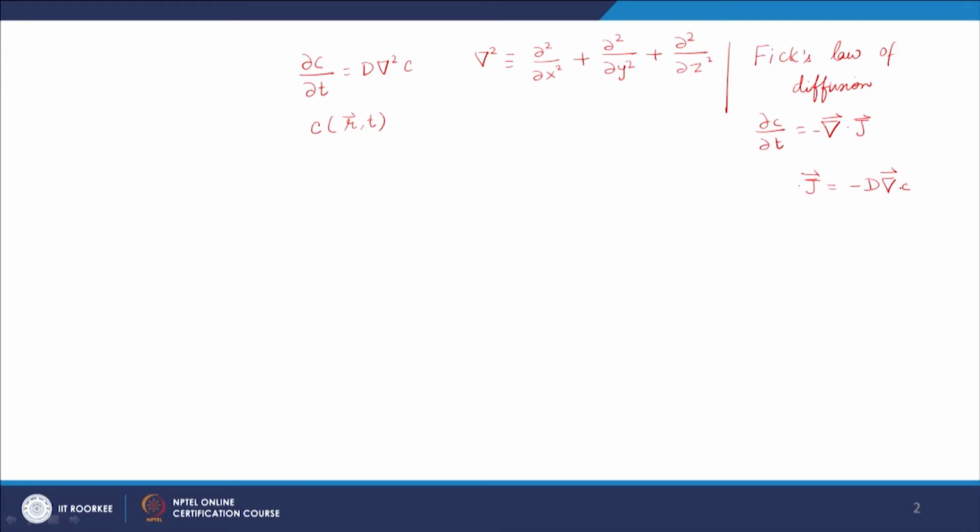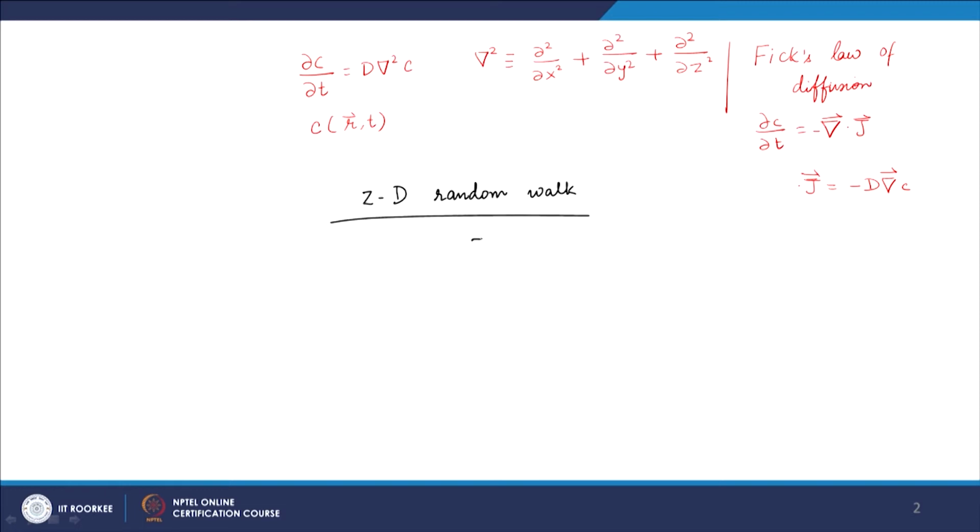So let us say I am looking at a z dimensional random walk. It's a bit of a misnomer. When I say z dimension, it is not a physical dimension.